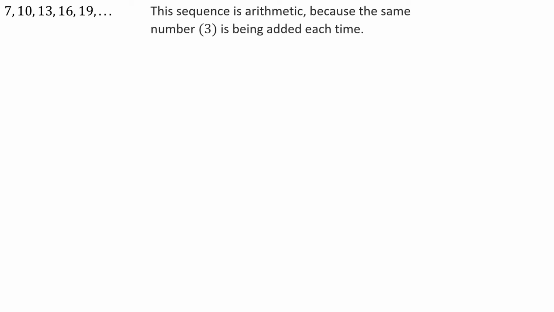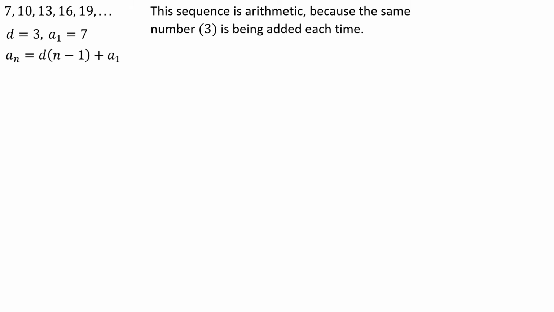First of all, is this an arithmetic sequence? Yes. We added the exact same number every time. 7 plus 3 is 10, 10 plus 3 is 13, and so on. Every single time we added 3. So d equals 3, that's the common difference. A sub 1 equals 7 because the first number is 7.